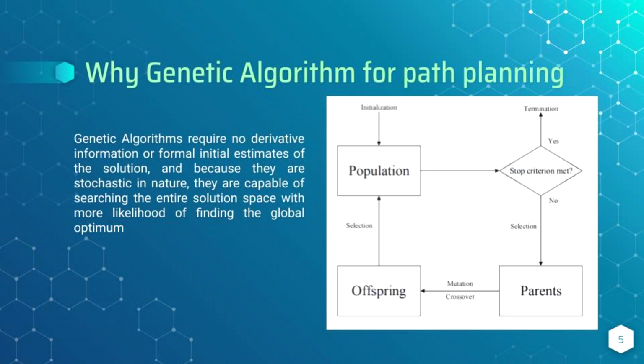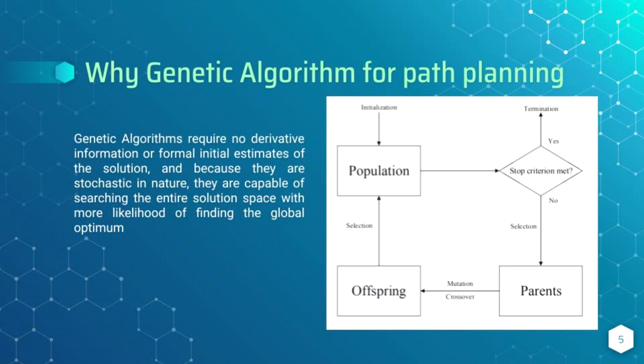So now let's try and understand why to use genetic algorithms for path planning. First of all, genetic algorithms do not require any derivative information, as in the information about the exact location of obstacles and things like that.